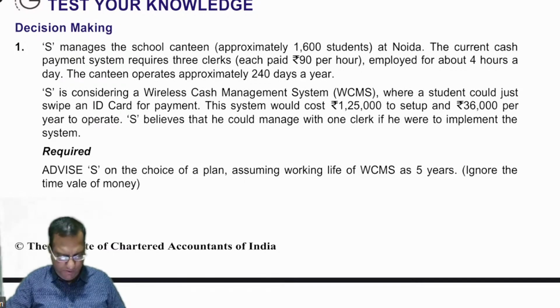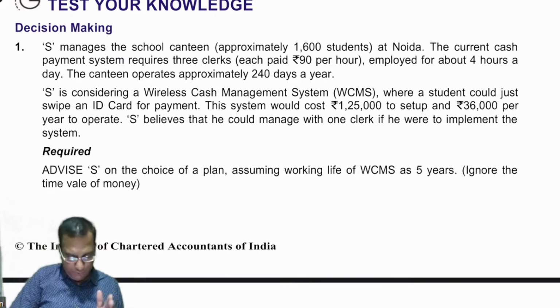First of all, read this question like a newspaper in the initial 2 minutes, and then the remaining 3 to 4 minutes should be devoted to solving this question by interpreting the requirement. I am quite confident that each and every student will provide me the correct answer of this question number 1. I'm giving you approximately 5 to 6 minutes to complete this question on your own. A very simple question of decision making by relevant costing.